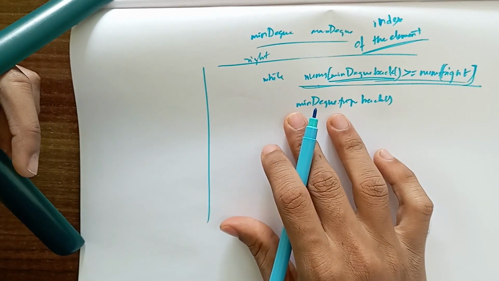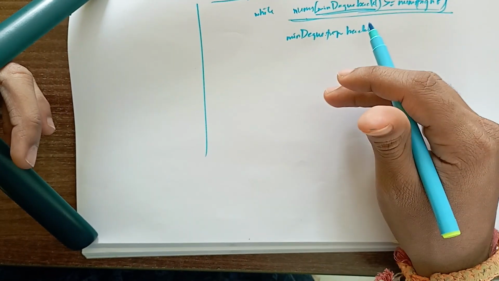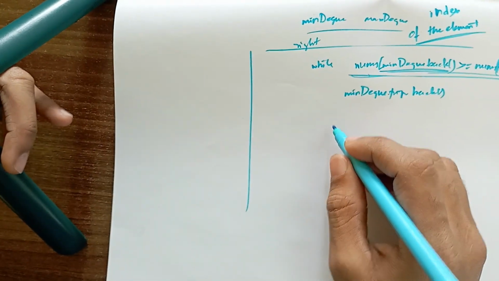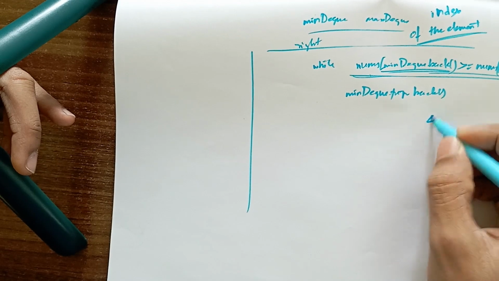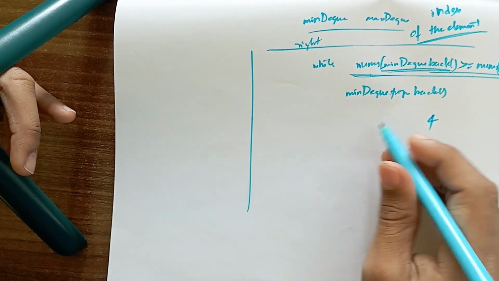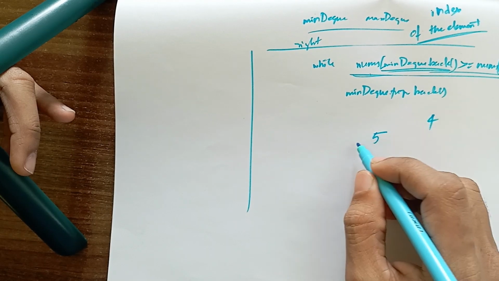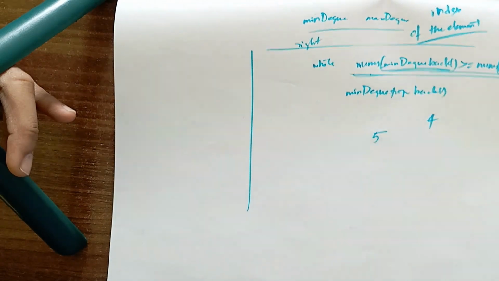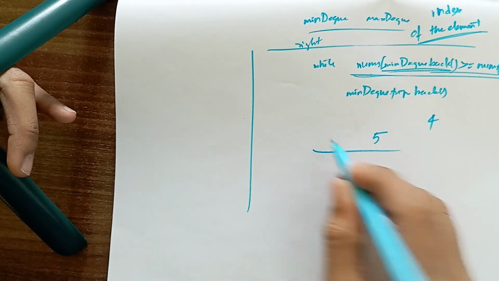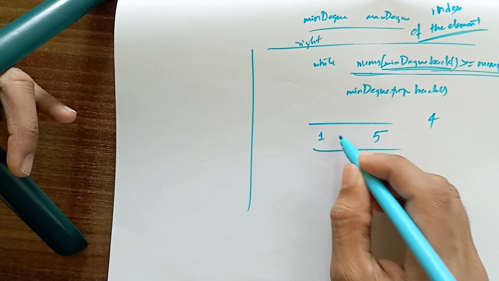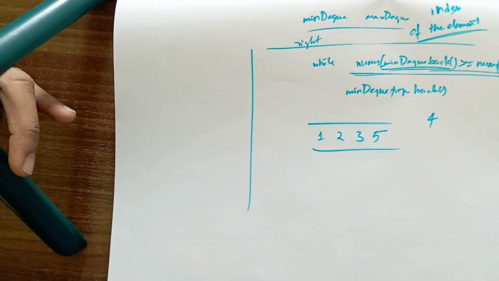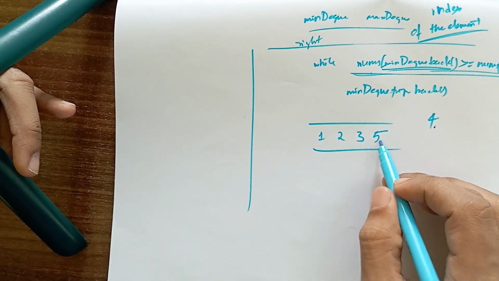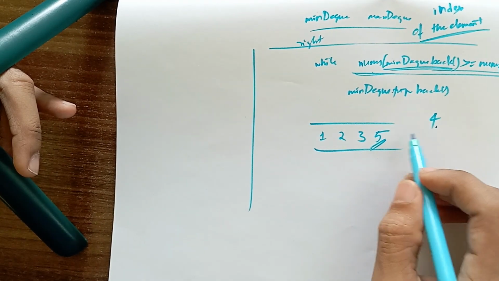As I said, we need to initialize our deque and store the indices. Let us consider that nums of right is 4, and the last element in the minimum deque is 5. So the deque has 1, 2, 3, and 5. Now, 4 should be coming before 5.